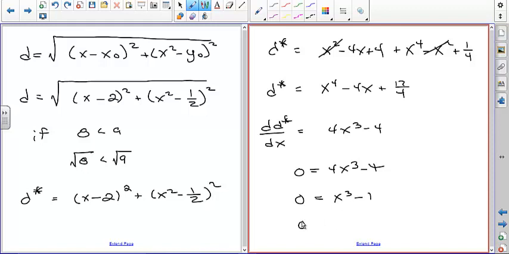Does anybody remember how you factor that cube thing? This is something you probably learned in Algebra 2, maybe. What's that?